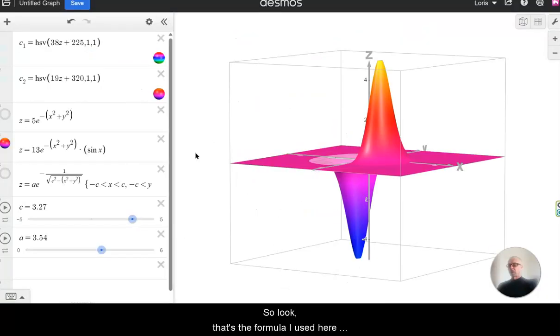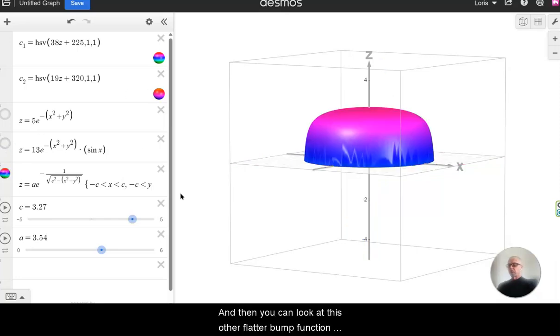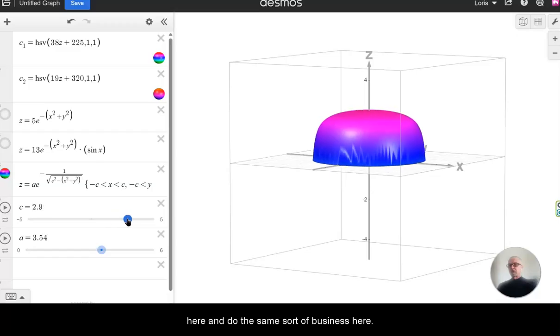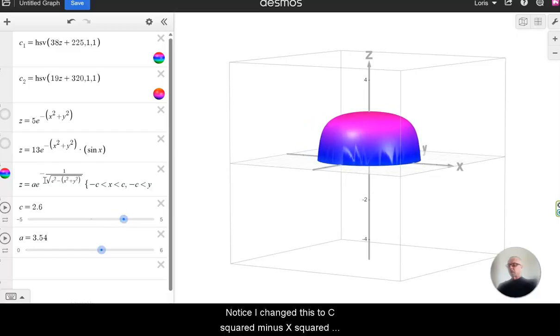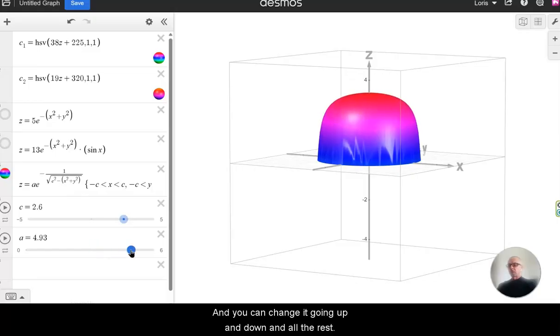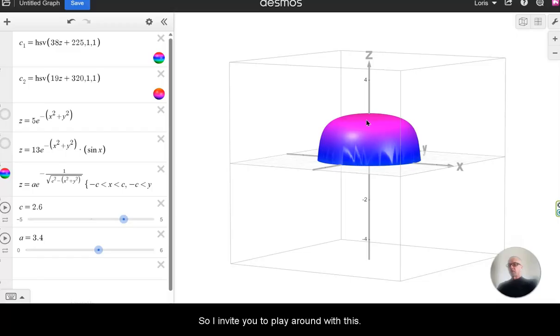So if you look, that's the formula I used here, and that's the HSV color I used there. And then you can look at this other flatter bump function here and do the same sort of business. Notice I changed this to c squared minus x squared plus y squared. And you can change it going up and down and all the rest. So I invite you to play around with this. It's actually very interesting stuff, and it's used quite a bit in mathematics.